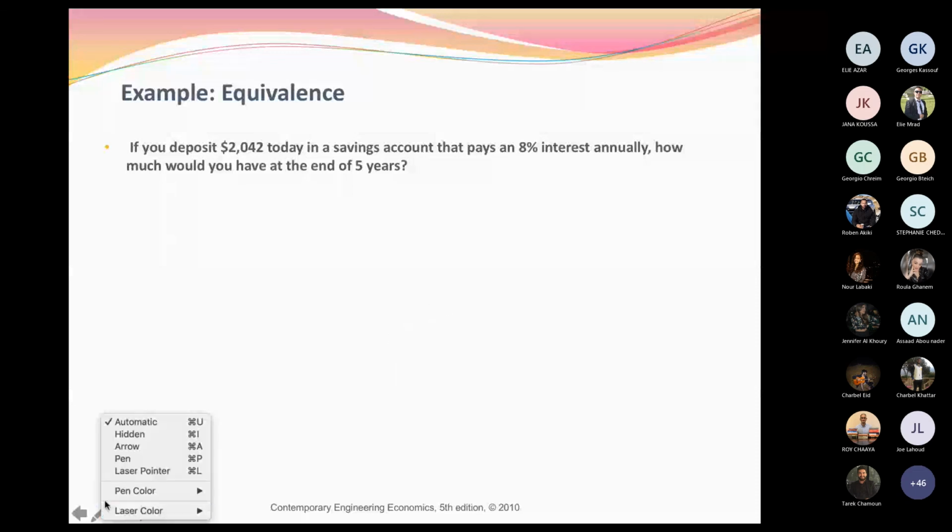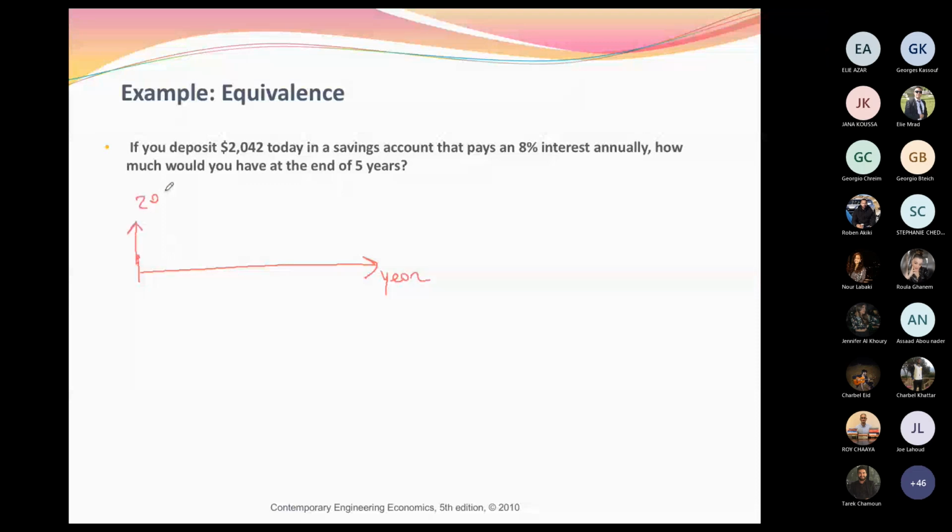When you read the given, the first thing that you should do is to draw a cash flow. If you deposit 2042 today, my unit is yearly. I'm depositing 2042 today in a savings account that pays 8%.